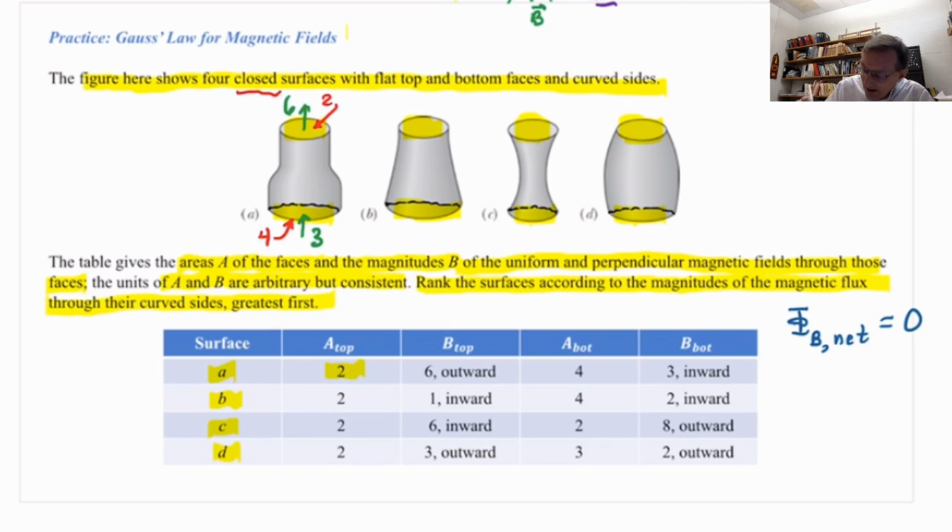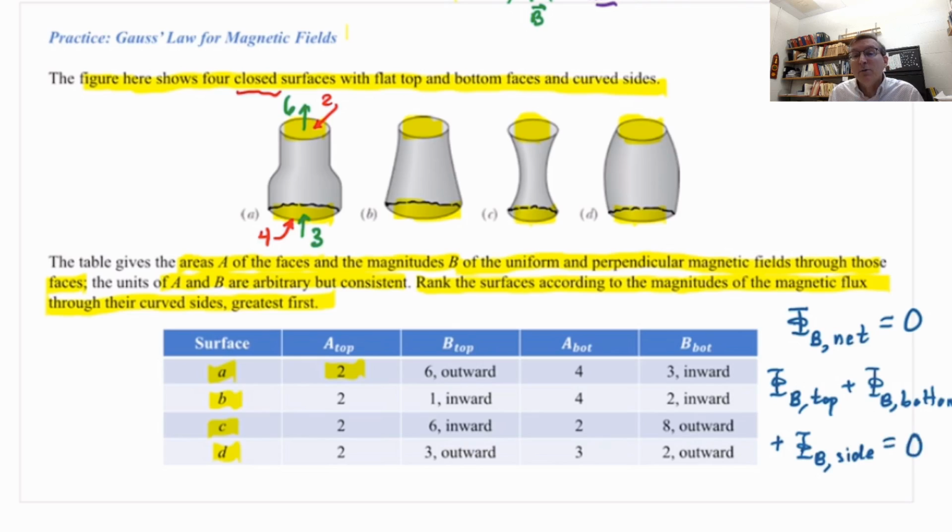So it's quite natural to break up that expression for the net magnetic flux into an expression for the magnetic flux through the top face, plus an expression for the magnetic flux through the bottom face, plus an expression for the magnetic flux through the curved side. Right? You can calculate the flux through each of those pieces separately and add them up as scalars, and the grand total must be 0.